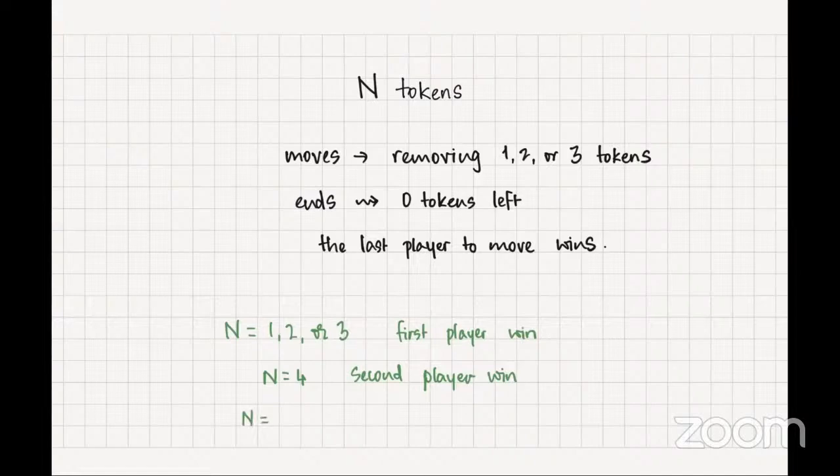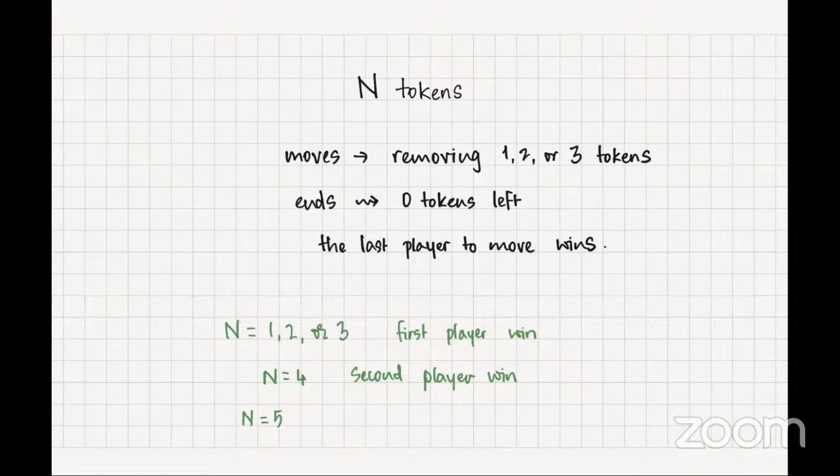Now, what if there are 5 tokens on the table? I'm just building this up a little bit slowly, but we'll hopefully develop this so that we have a more general way of looking at the whole picture in just a moment. But what can the first player do if they have 5 tokens on the table?